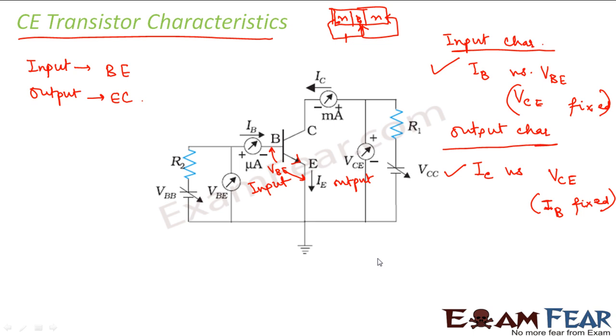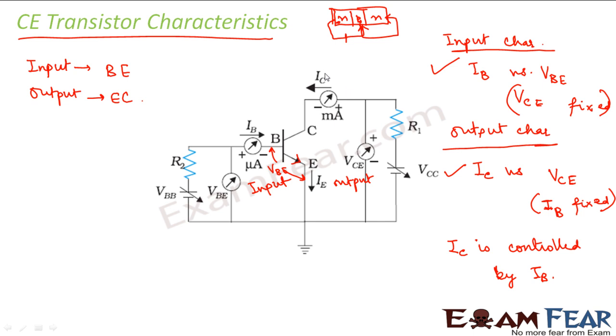And we will see how the output current is influenced by the input current. We will conclude that IC, the collector current, is controlled by IB, the base current. So now let us look at the input characteristics and the output characteristics in detail in the next slide.